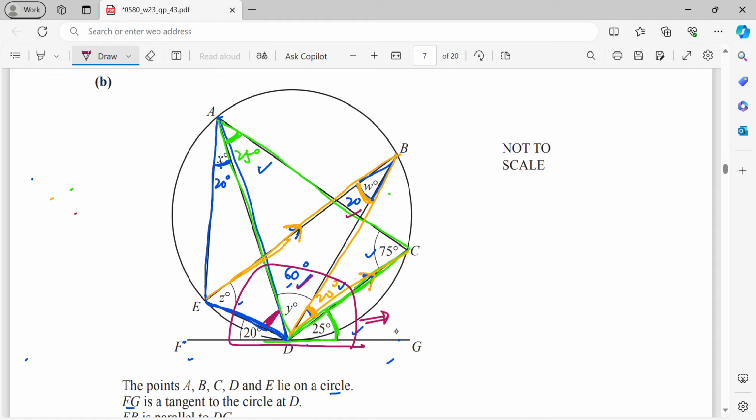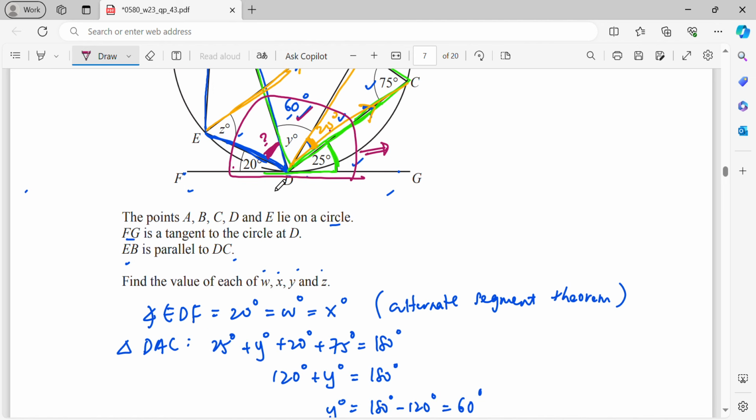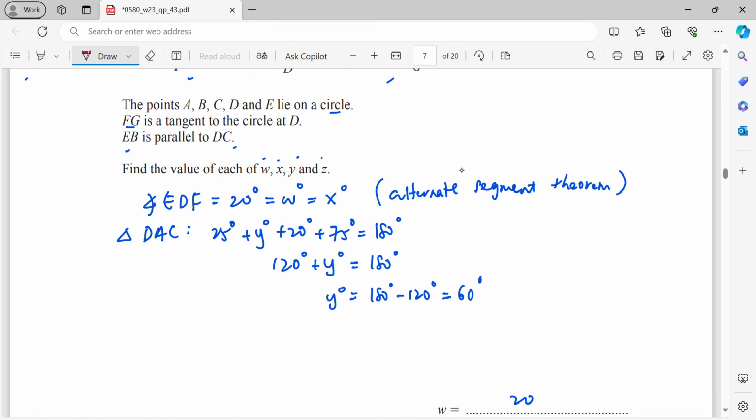The total is 180, because I have found, given 20, this one unknown, 60 already found, 20 already found, 25 already found. So I refer to FDG. Angle of FDG.